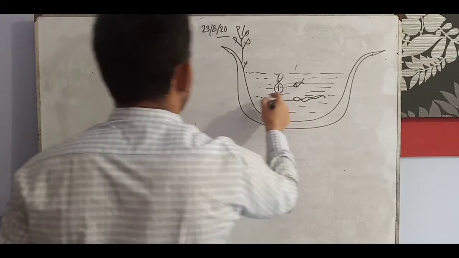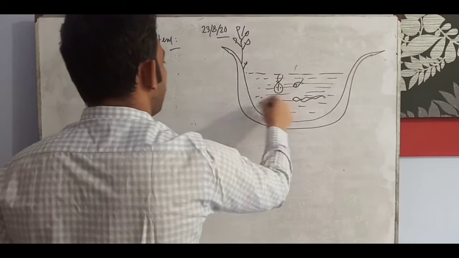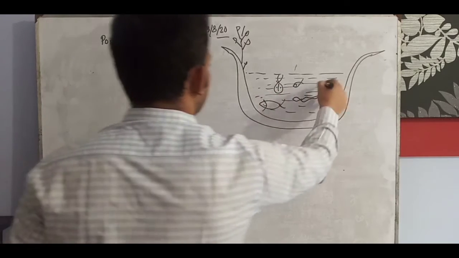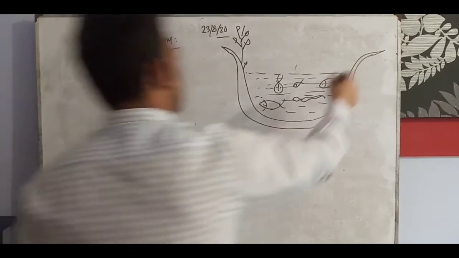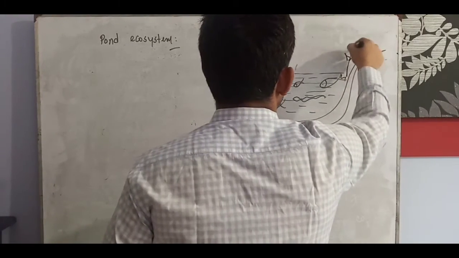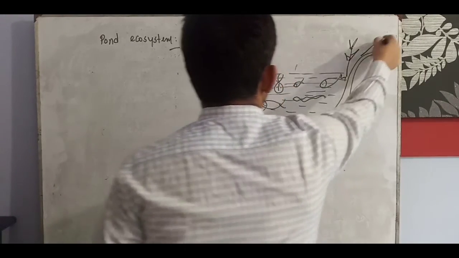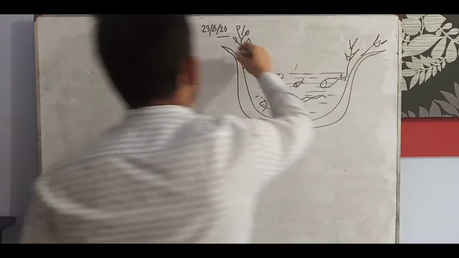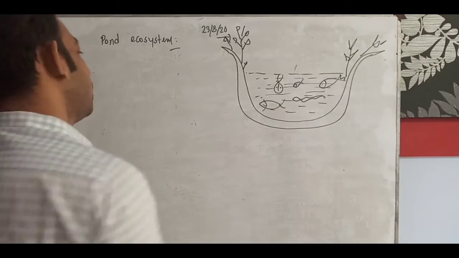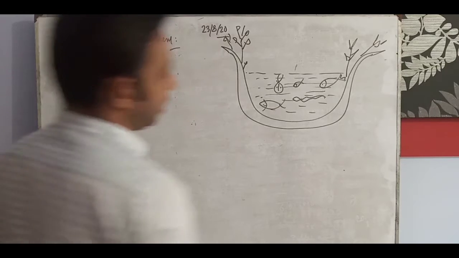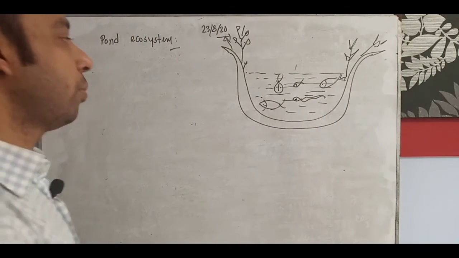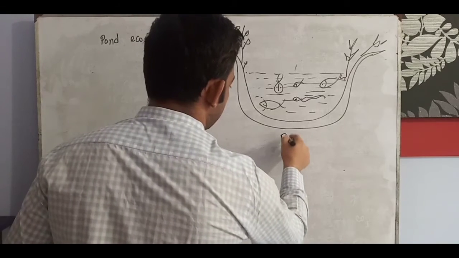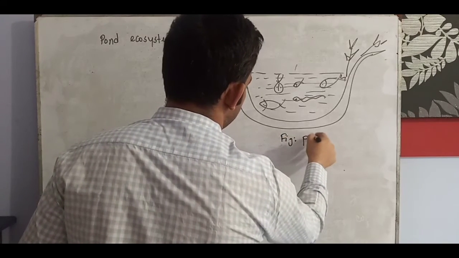In many ways you can draw the figure by your own sense. I just draw some plants on the bank of the pond. Very simply, I just make sure of drawing. A very simple format we can draw, and that figure is the pond ecosystem.